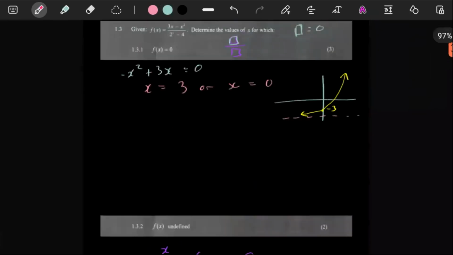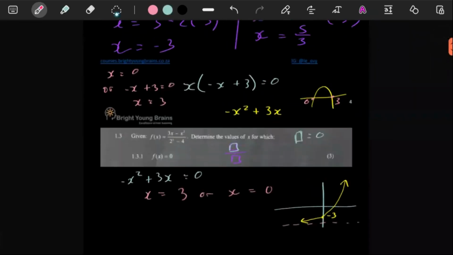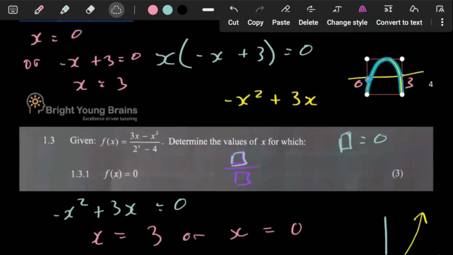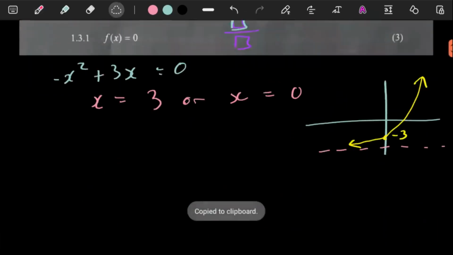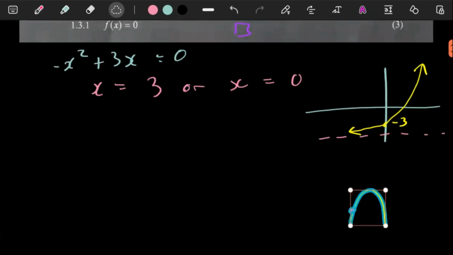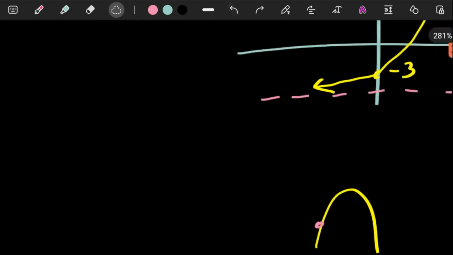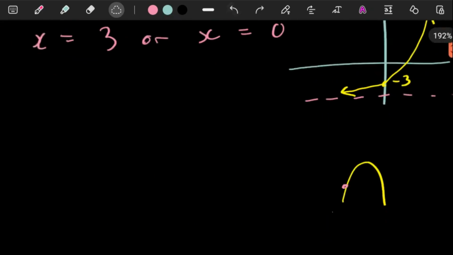So you can actually try and visualize these two on the same set of x's. If you visualize these two graphs on the same set of x's, you're going to see something like this. Let me try and make it better. Something like that.